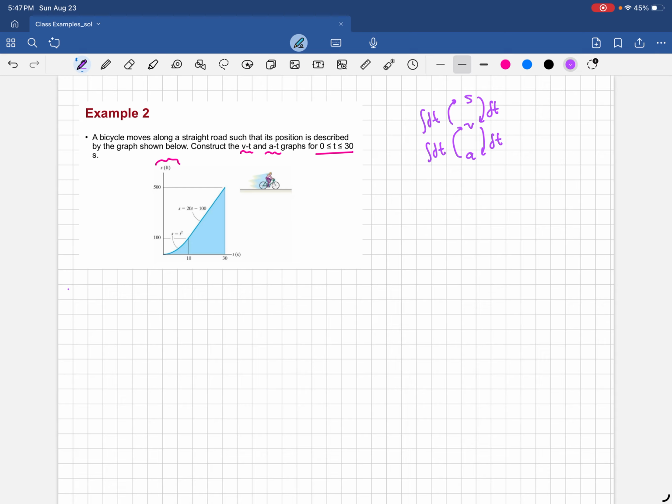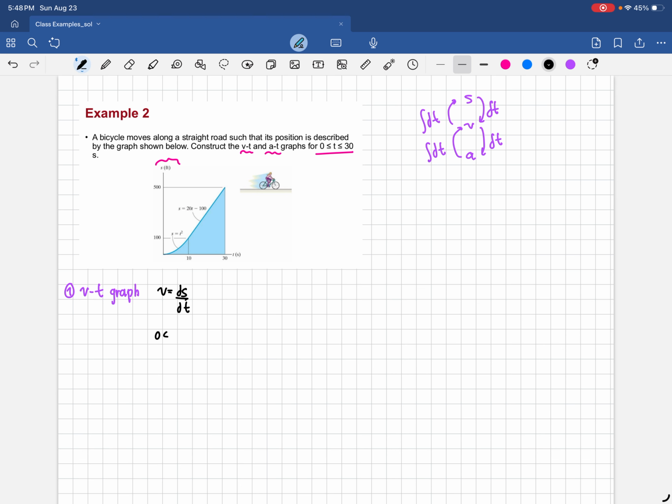So let's start with the v-t graph. We know that the velocity in this case is the change in position over time. So I just have to differentiate my position function to find the velocity function. We have two intervals.